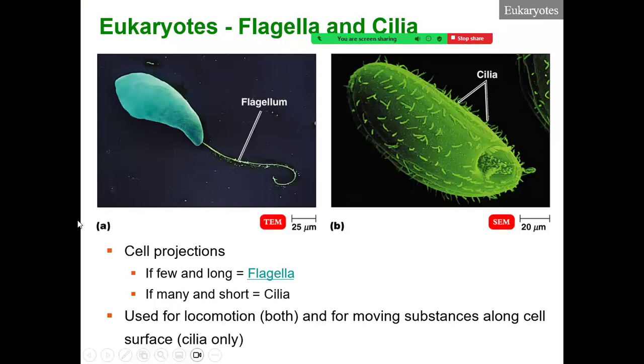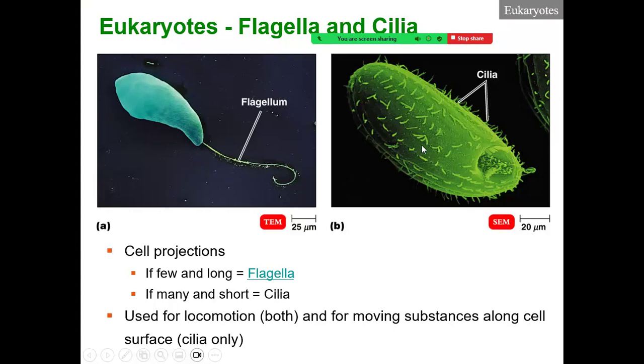All right, I did mention if the prokaryote cell can move, it moves only with the flagellum. If the eukaryote cell moves, it can either move with flagellum, cilia, or by pseudopods. A flagellum is a long whip-like structure.